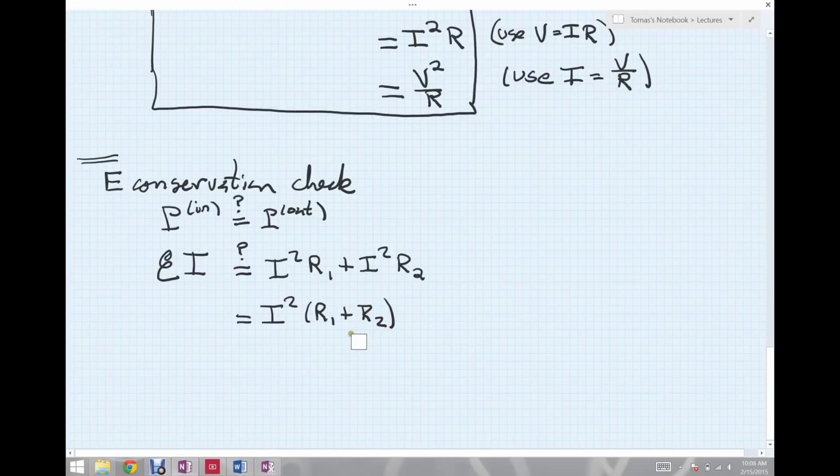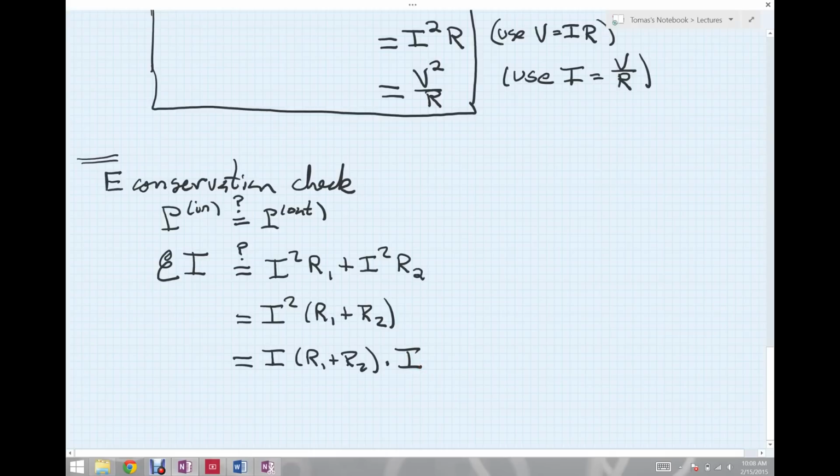Interesting. The next mathematical thing is I'm hoping to prove that it's the EMF times I, and it seems like I can factor out an I, so let's factor out I as my next step. So does that equal I times R1 plus R2, and I've factored out that extra I.